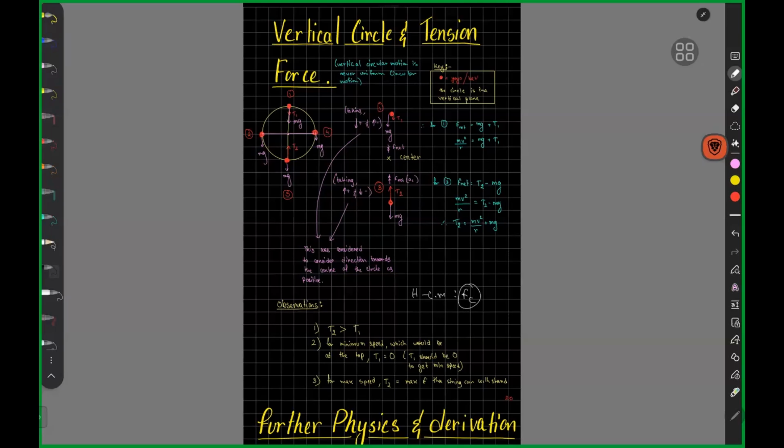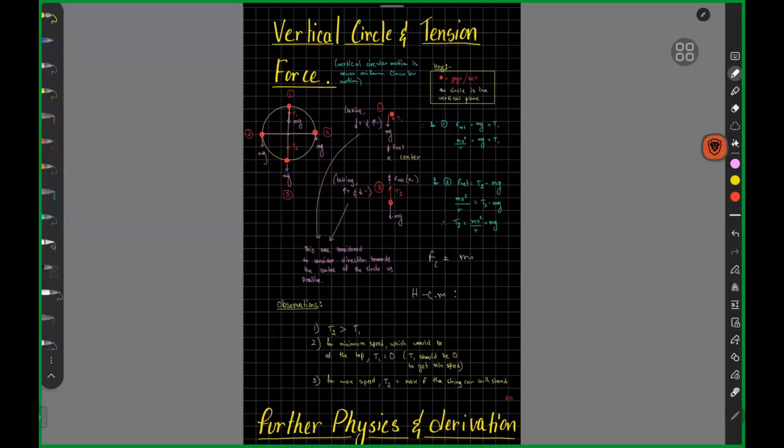In the case of vertical circular motion, it's a bit different. My tangential velocity keeps changing throughout the journey. And as a result, my centripetal force also keeps changing. If you want to know why my centripetal force changes, look at this equation.